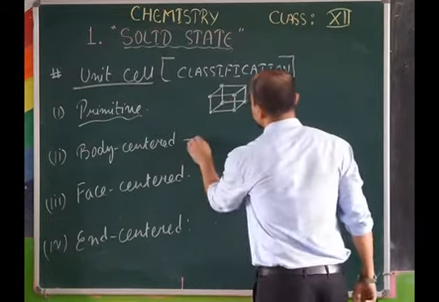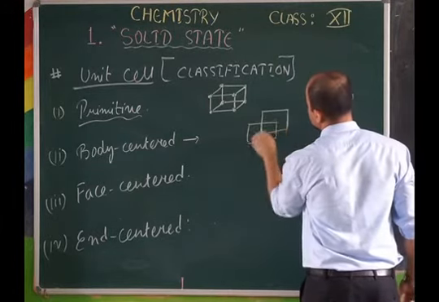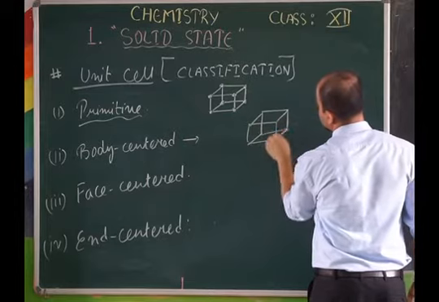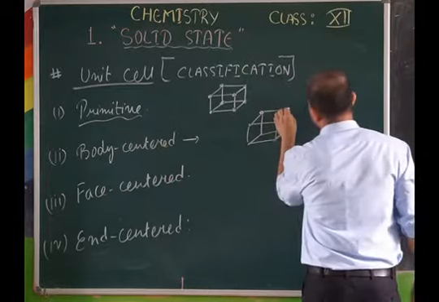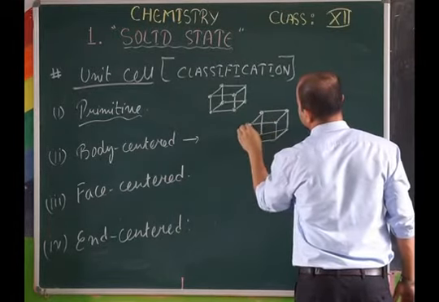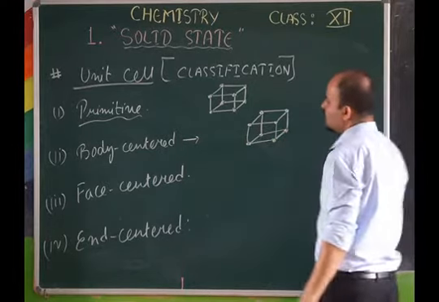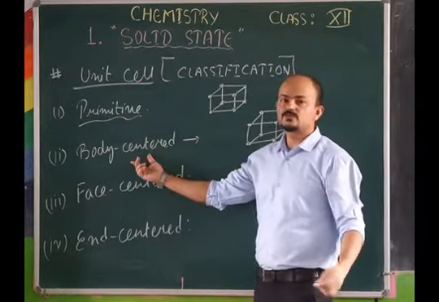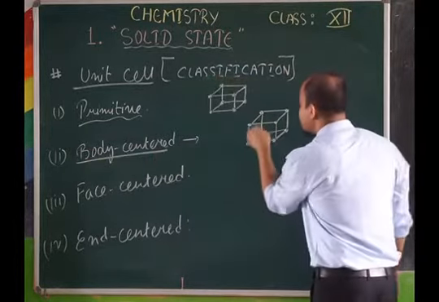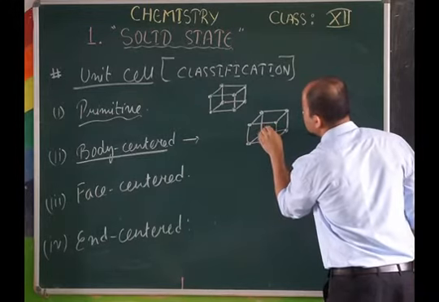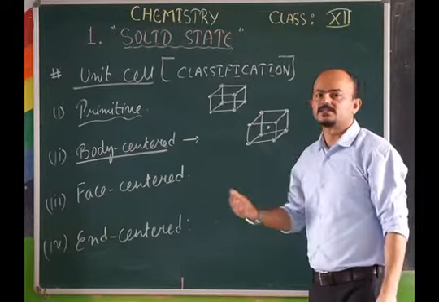In body centered, what you have? See, all this time, atoms are always present at the corners. Please don't forget that. And in body centered, along with atoms present at the corners, you have, the name itself says body center, means inside this cube at the center you have one particular atom or constituent particle present.